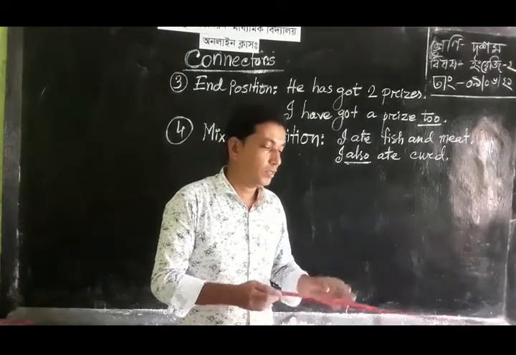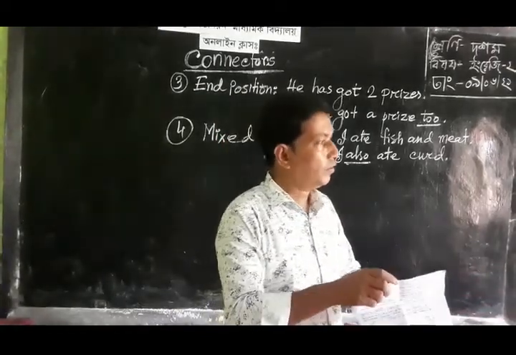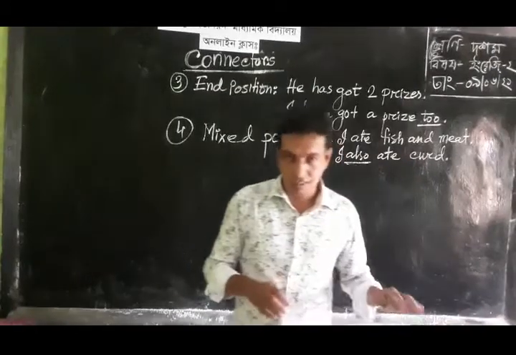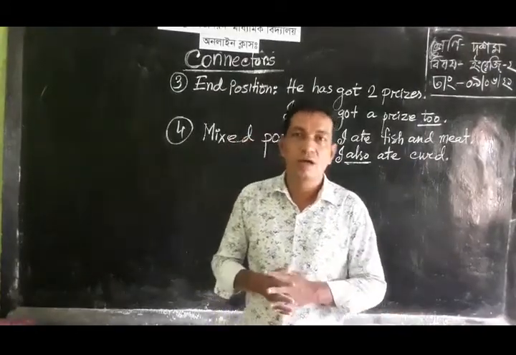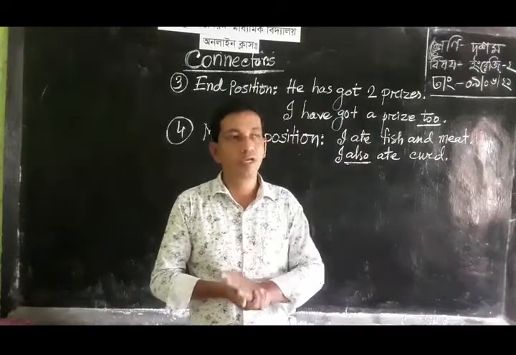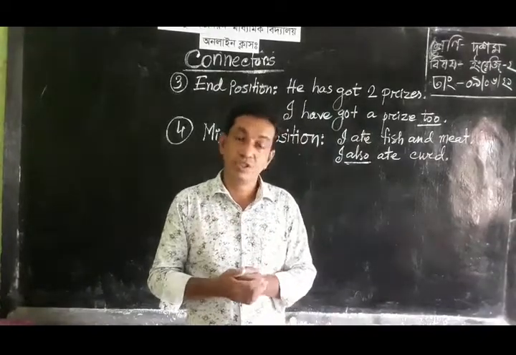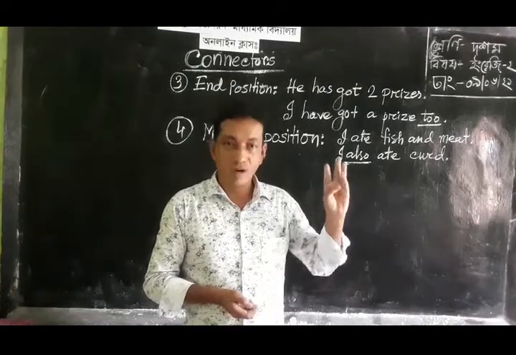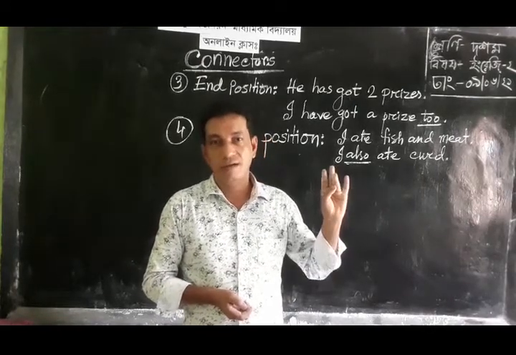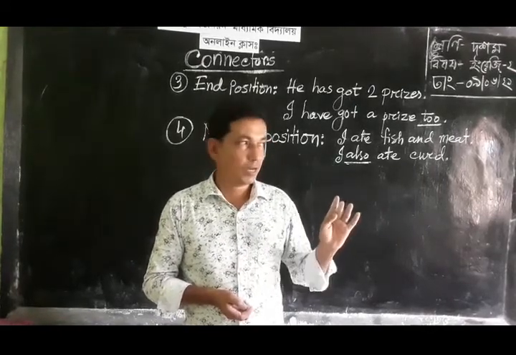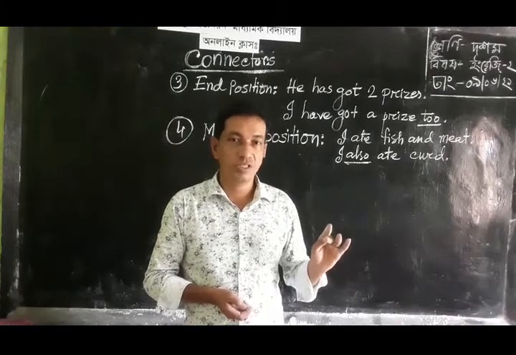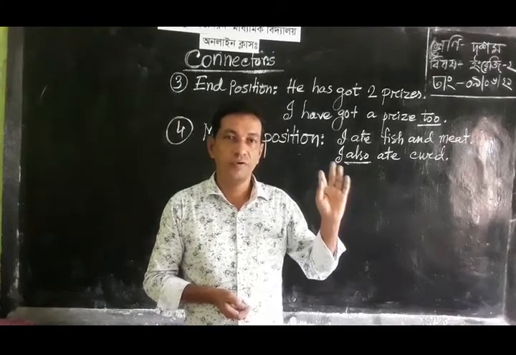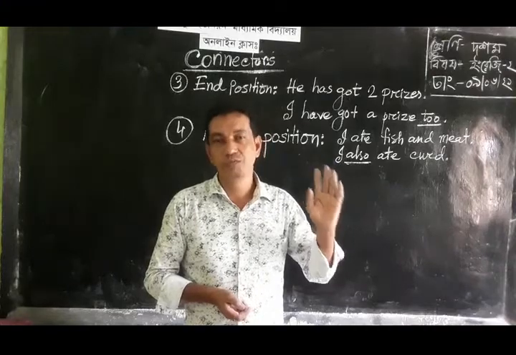Okay, dear learner, we have learned 4 types of position of connectors today. First of all, front position, second, mid position, third, end position, and fourth, last of all, mixed position.